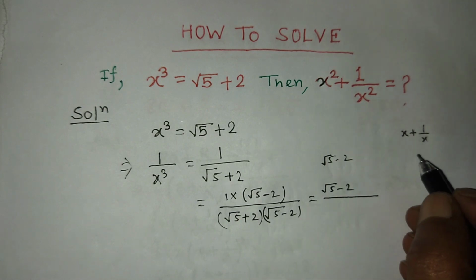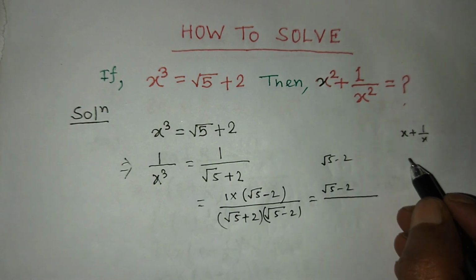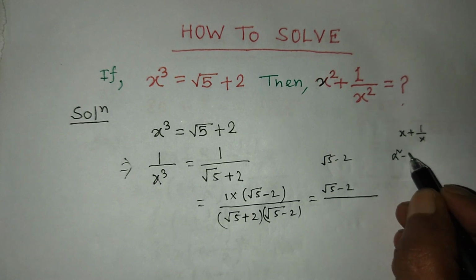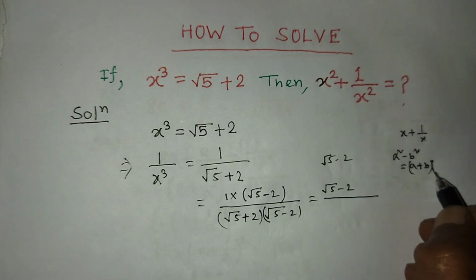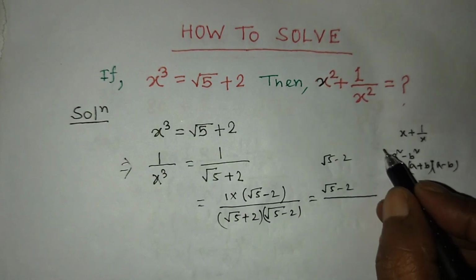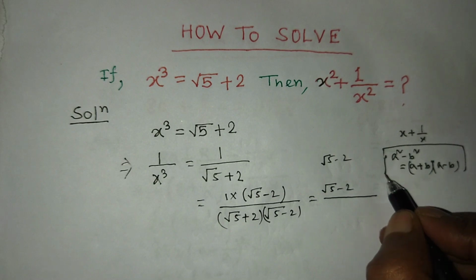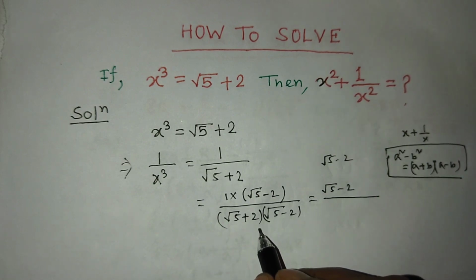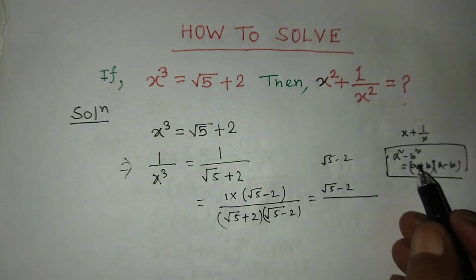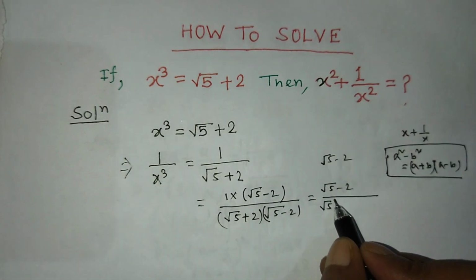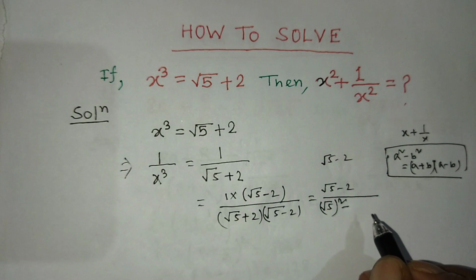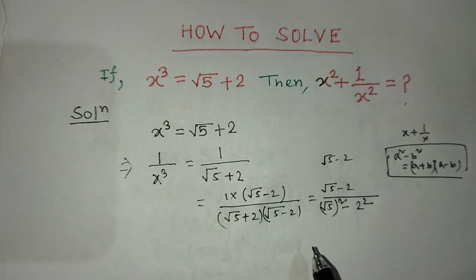Okay, so we have to apply the formula a square minus b square, which means a plus b into a minus b. We apply this formula in the place of the denominator. So if you apply this formula, we write root 5 whole square minus 2 square. Okay student.